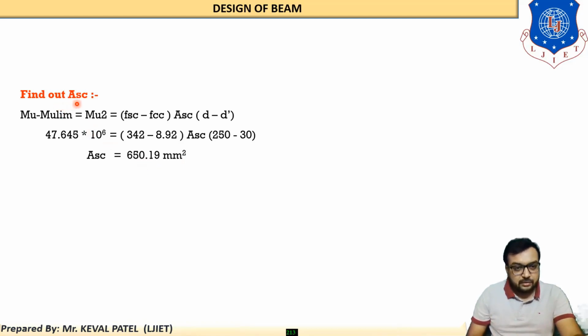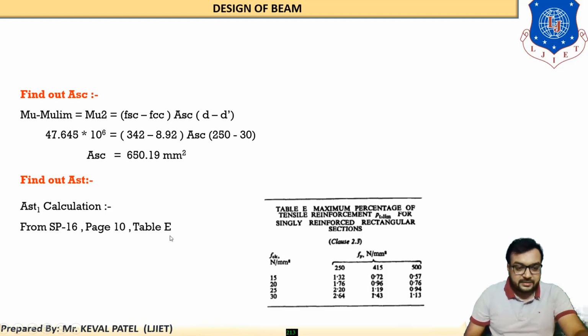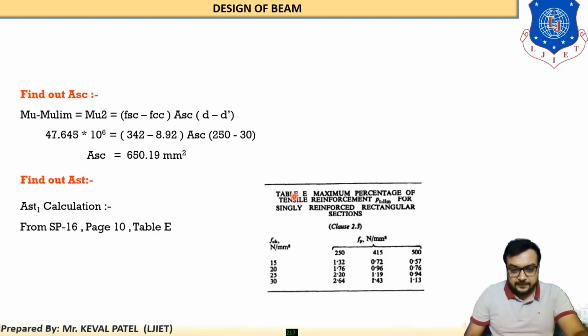After finding Asc, now moving further to the calculation of Ast. For Ast, first of all we have to find Ast1. The calculation of Ast1 is from SP16, page number 10, in Table E. You can see that in this table, Pt limit is equal to 0.96, because in this example fck means M20.